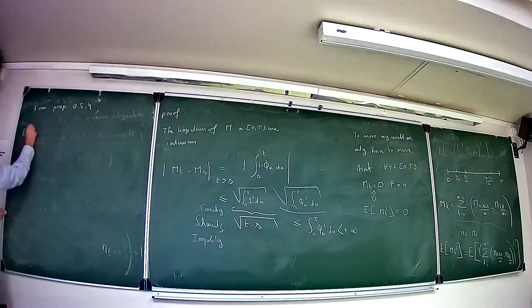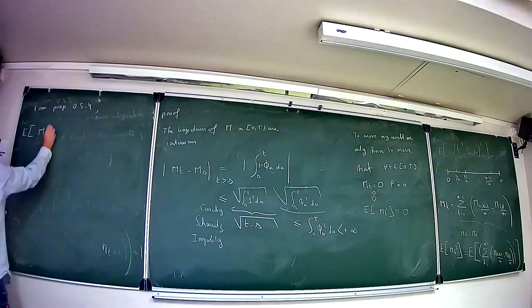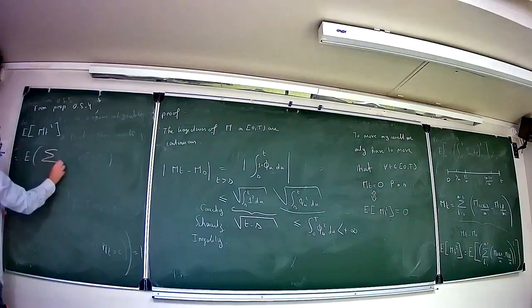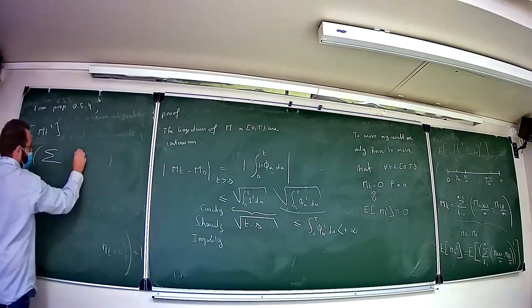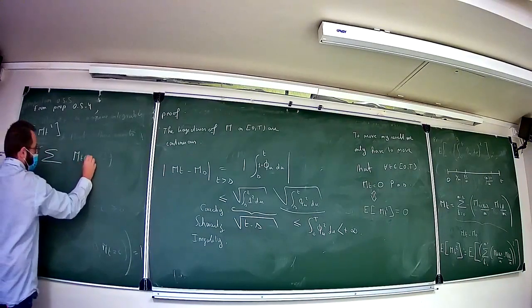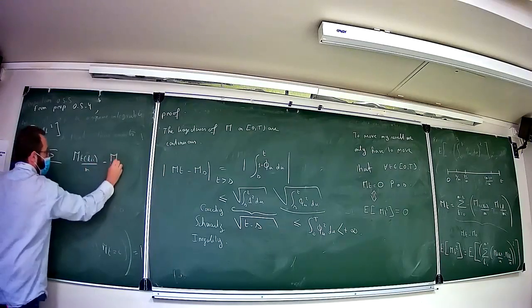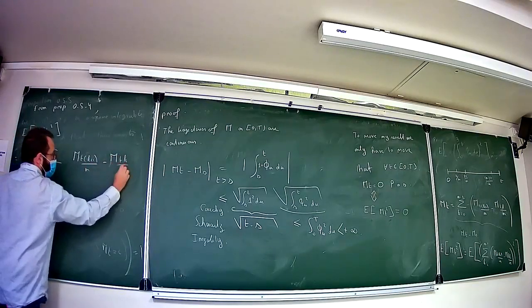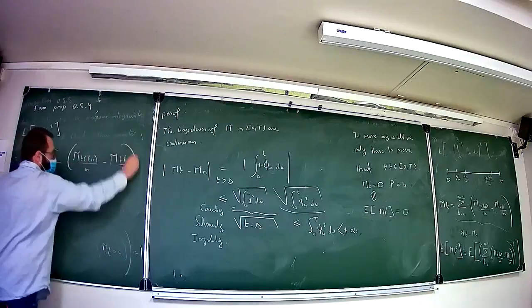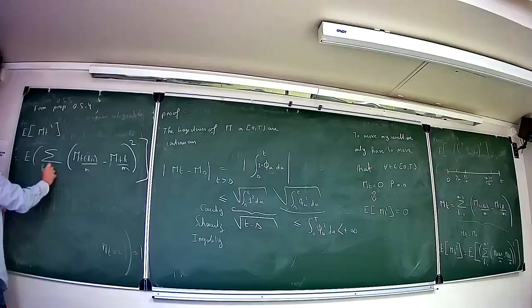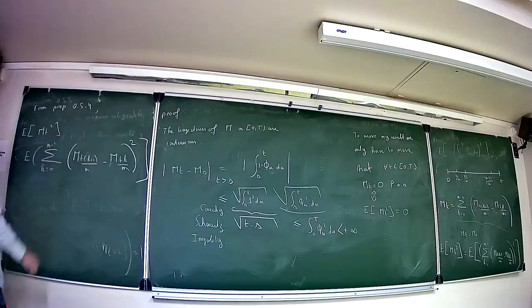the expectation I am interested in is just the expectation of the sum of the squares. I put the square inside the sum from k equal to 0 to n minus 1.